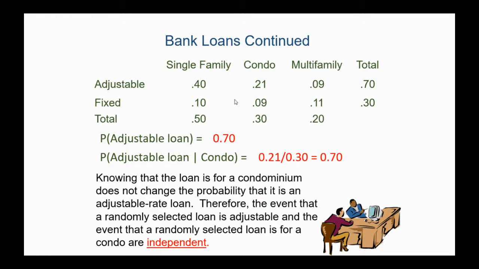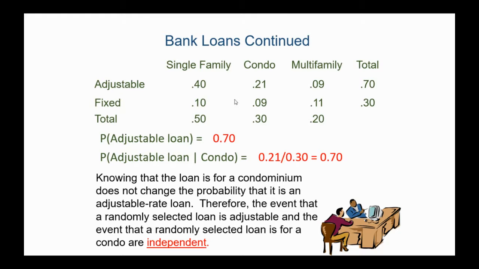Knowing that the loan is for a condo does not change the probability that it is an adjustable rate loan. Therefore, the event that a randomly selected loan is adjustable and the event that a randomly selected loan is for a condo are independent.